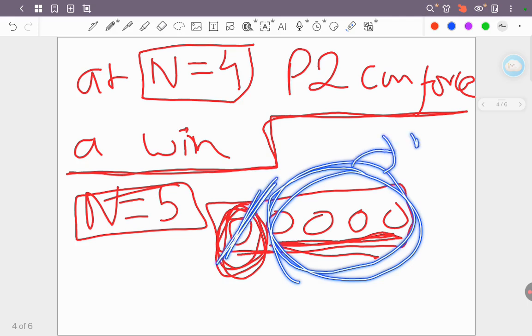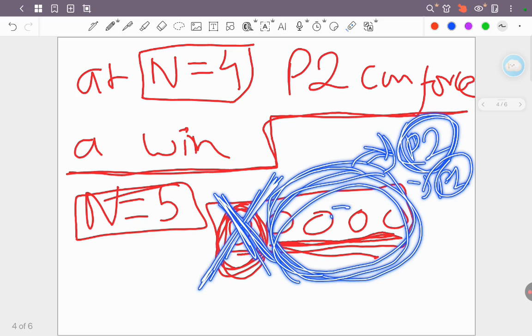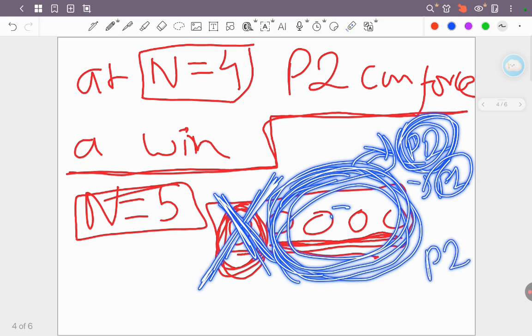Player 2 becomes the first player in this case. And who loses? The one who makes the first move loses in this configuration. So who is making the first move? Player 2. What does this imply? This implies that player 1 wins.